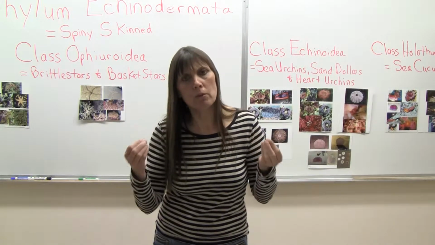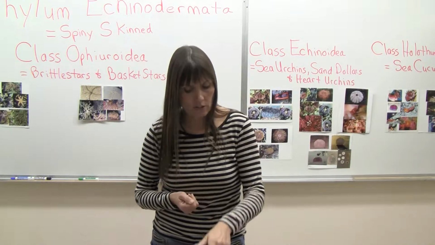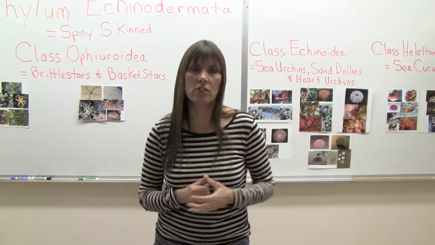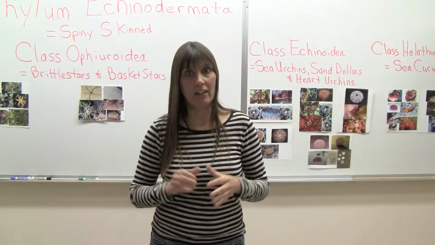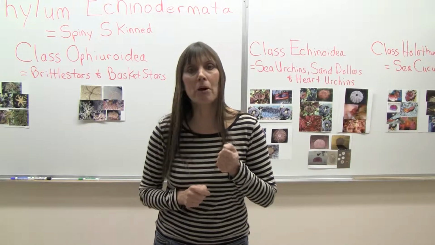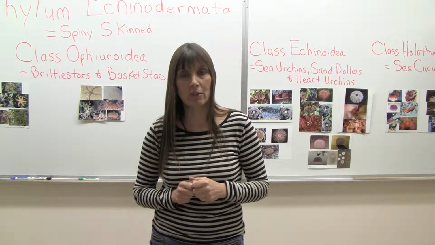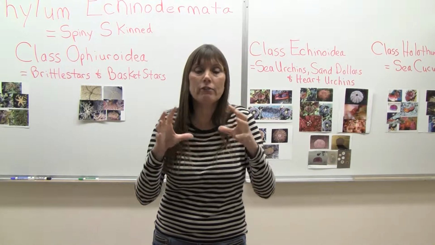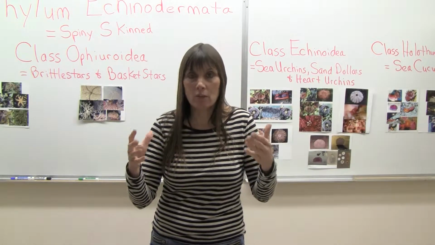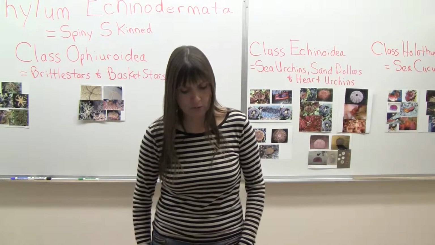Your grazers, your herbivores, those are your sea urchins. You have your carnivorous sea stars. They will eat a lot of things. And then you have your deposit feeders. You have your sea cucumbers. So you have a lot of variety of feeding methods when you talk about the echinoderms.